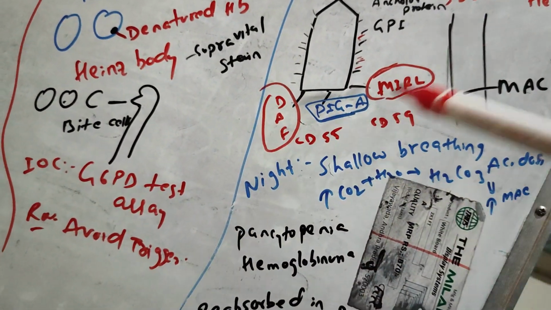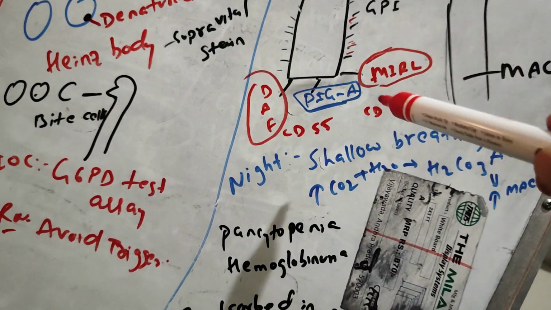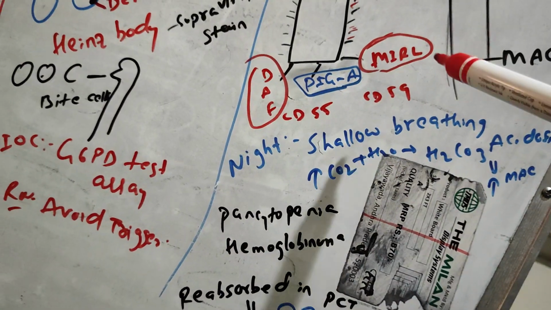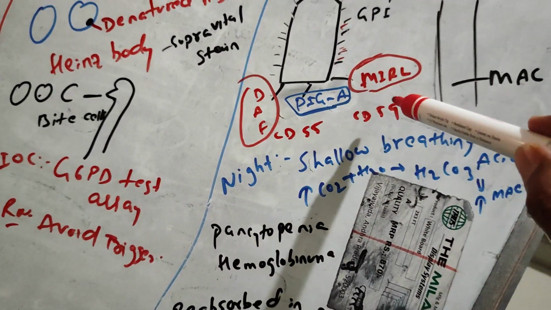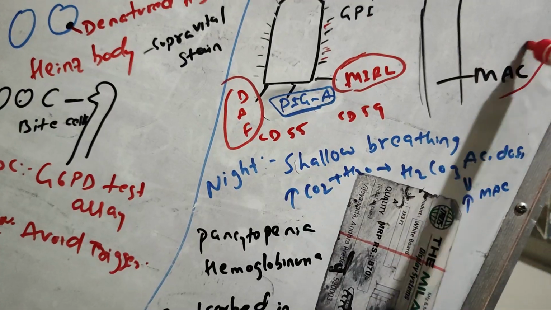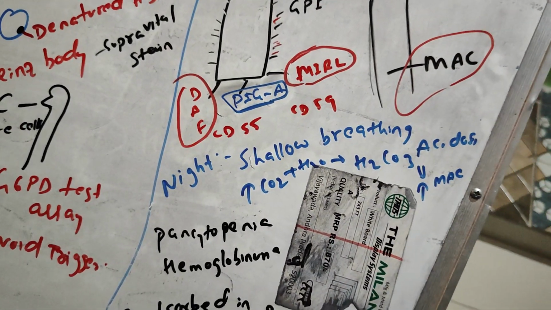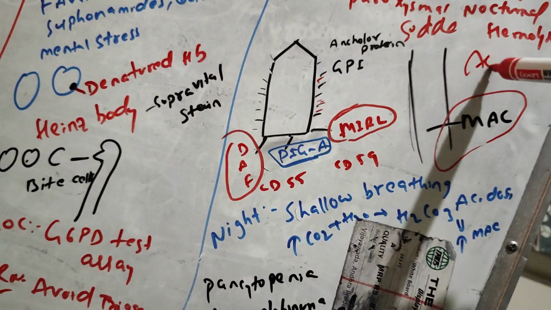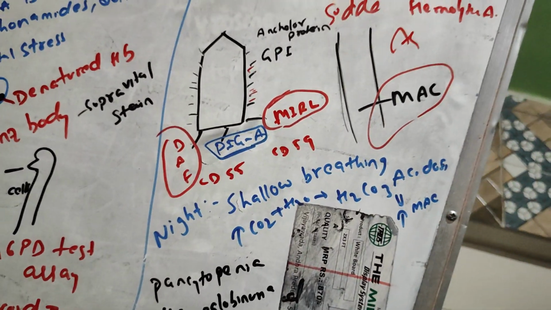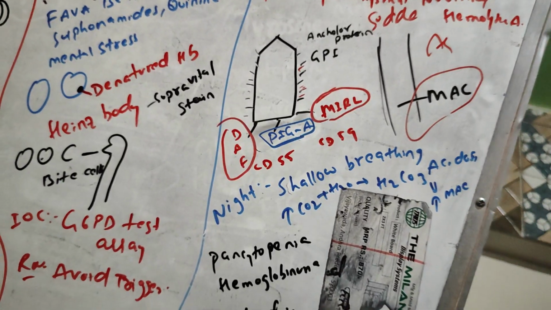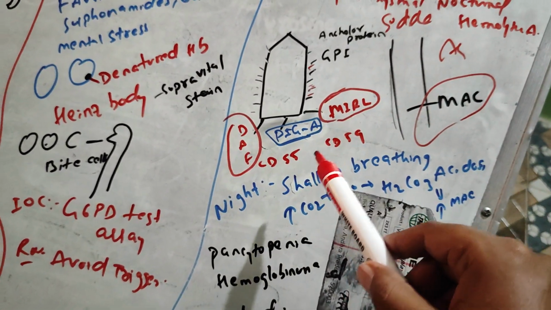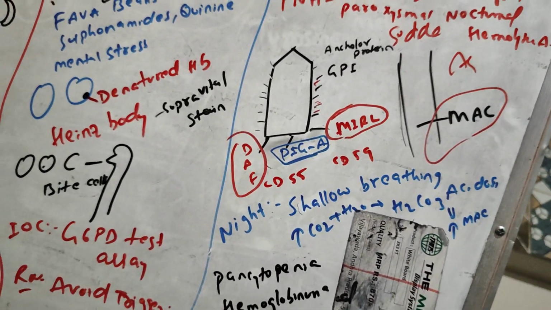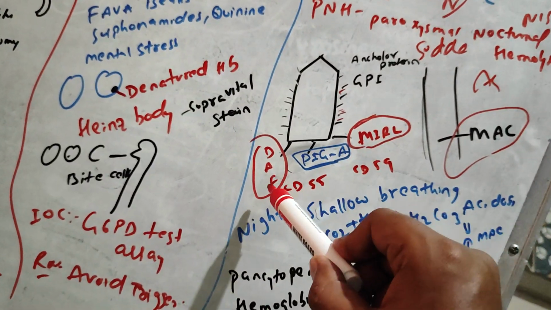What are these actually doing? The work of DAF and MIRL is to protect the RBC from the MAC, which means membrane attack complex. If any antigens come, if any macrophages come, the work of both DAF and MIRL is to protect the RBC.